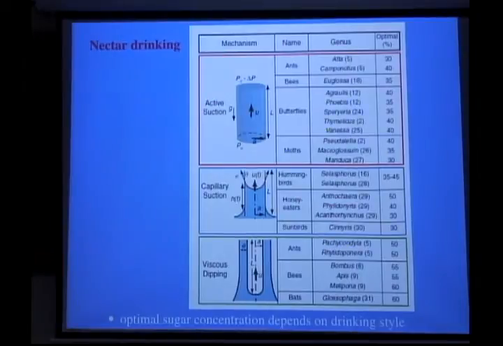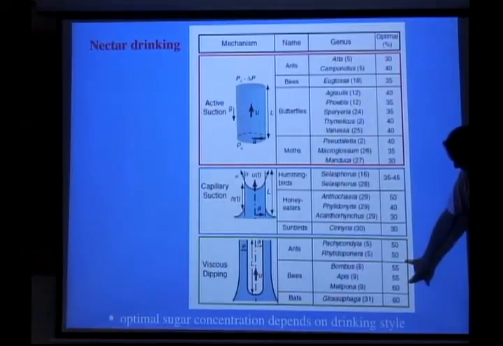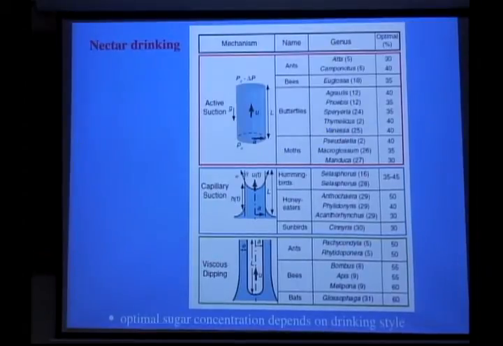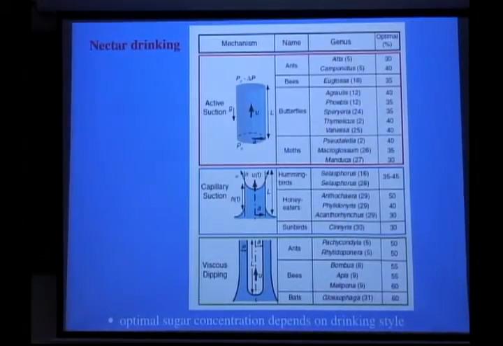We can classify the optimal concentration on the basis of drinking style. For the suction drinkers, it's one value between 35 and 40, and for viscous dippers, it's around 55%.